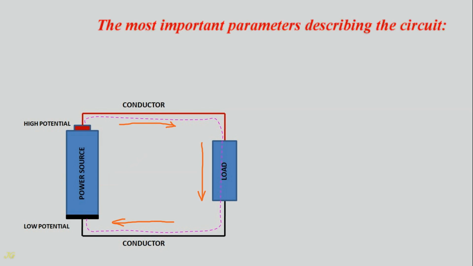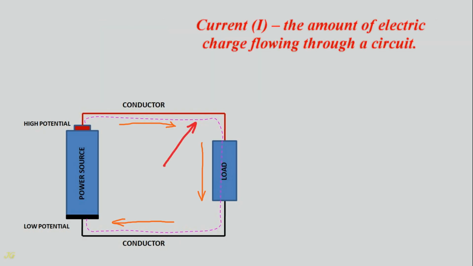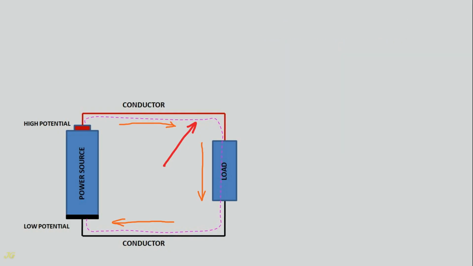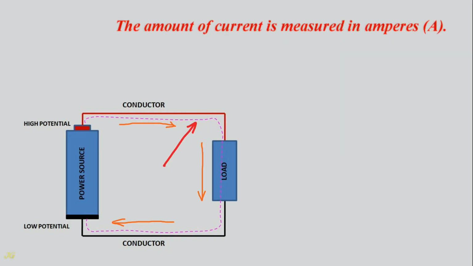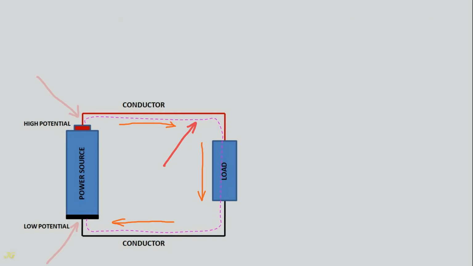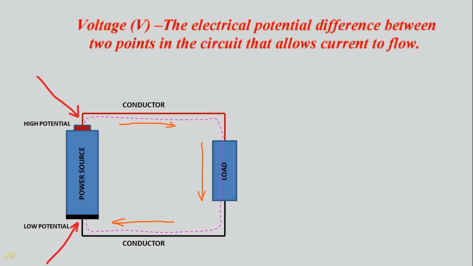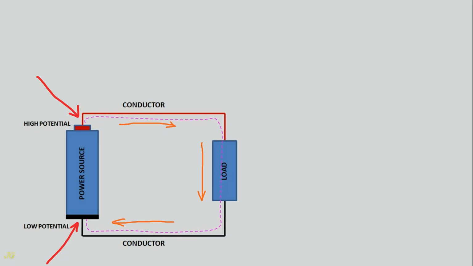The most important parameters describing the circuit: Current, I, the amount of electric charge flowing through a circuit. The amount of current is measured in amperes, A. Voltage, V, the electrical potential difference between 2 points in the circuit that allows current to flow.